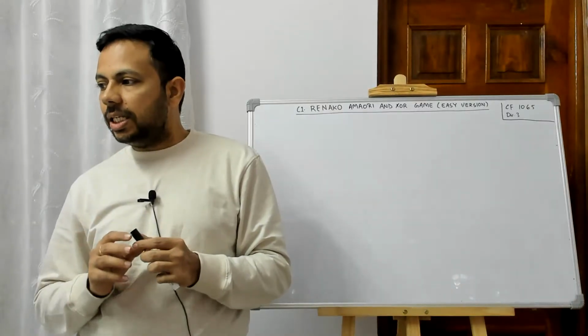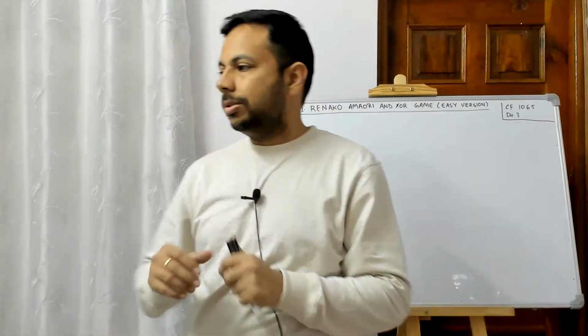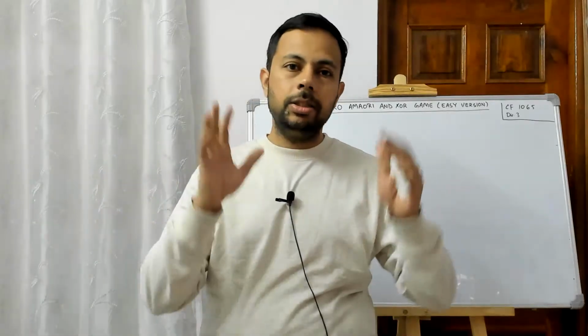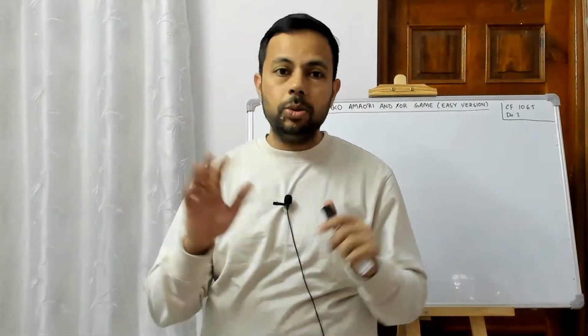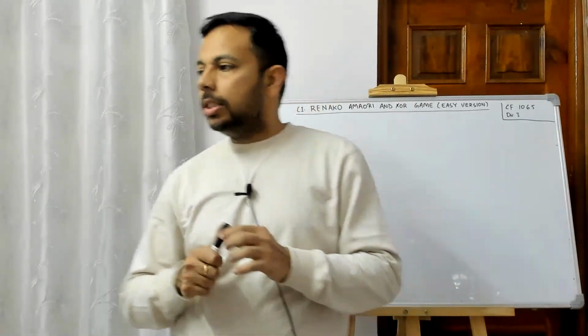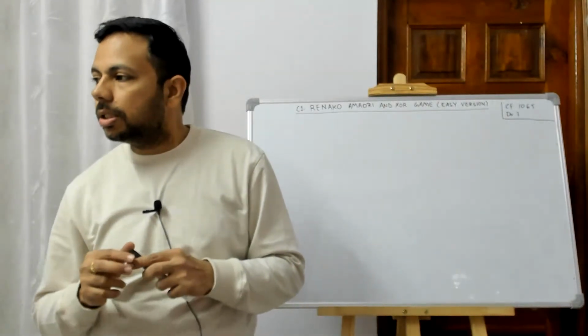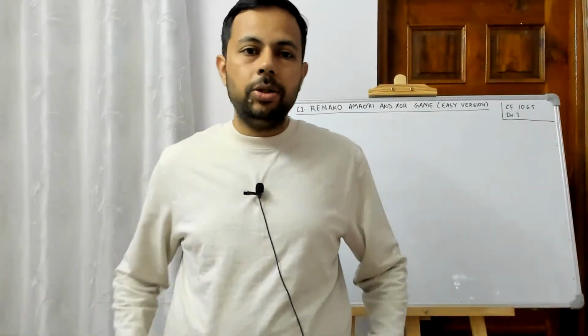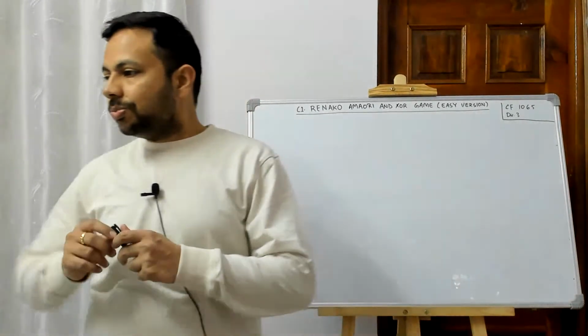So they have decided to play the Zor game. It's a love triangle. To decide who should spend time with Renako, they play a game. Let's understand what this game is about.